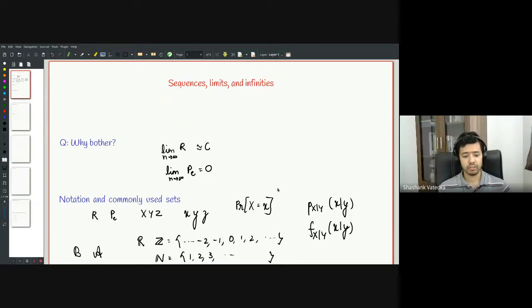And in order to make technical arguments, to make mathematical arguments, we have to be careful when we define notions of limits and sequences and so on. So we will formally define what a sequence is, what a limit is, when a limit exists, when it doesn't exist. Because after all, when we analyze systems, we have to be careful regarding the statements that we're making.